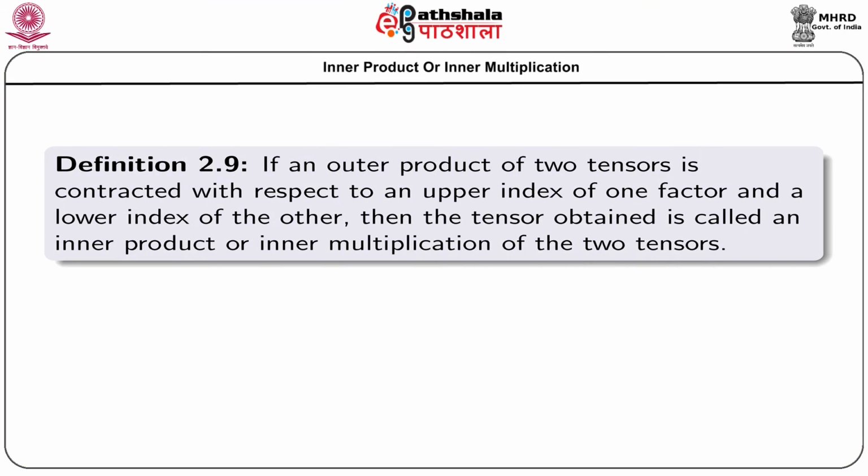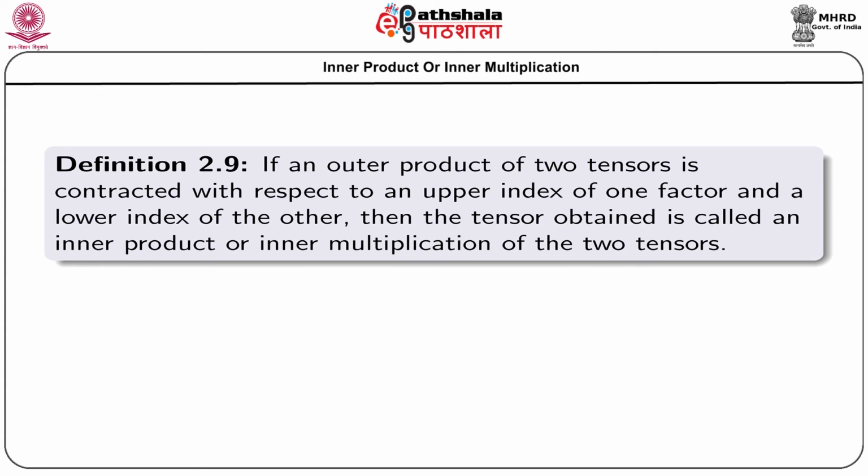This is actually the generalization of the dot product of vectors. So in the next few slides, we shall define inner product or inner multiplication of tensors with some examples.